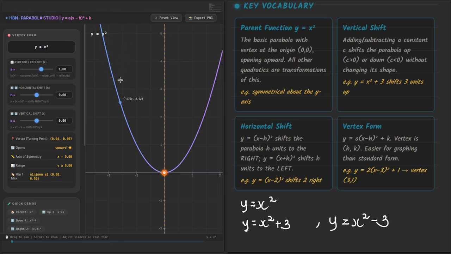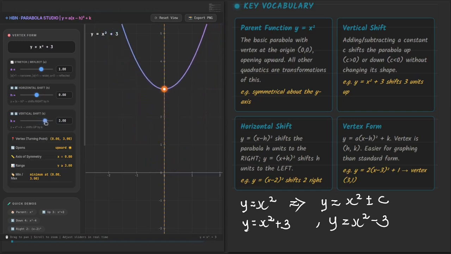So for vertical shifts, if the parent function is supposed to shift vertically, then it should undergo y equals x squared plus or minus c. And we are taking the c to be 3. So we are doing a plus 3 and then a minus 3. Then we see what our result is going to be.